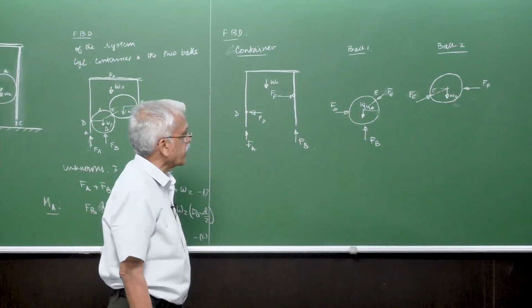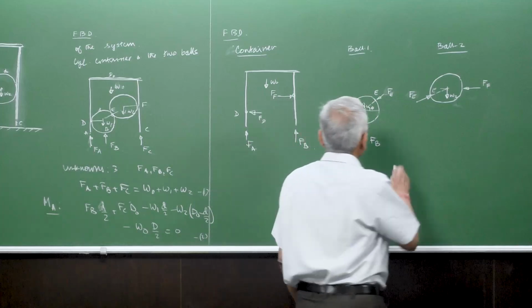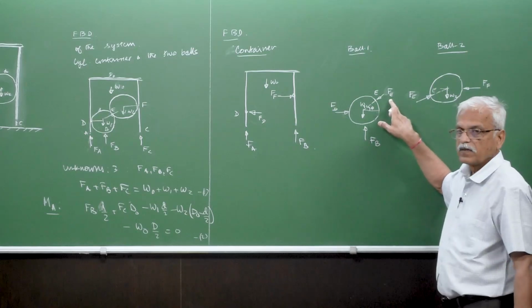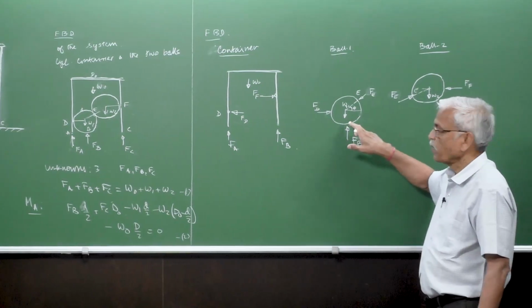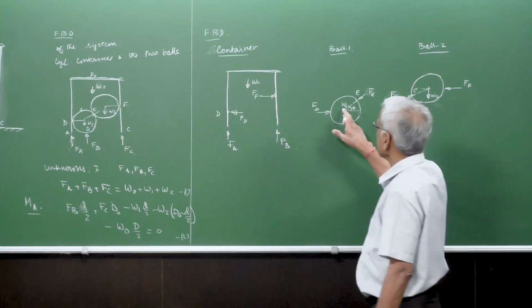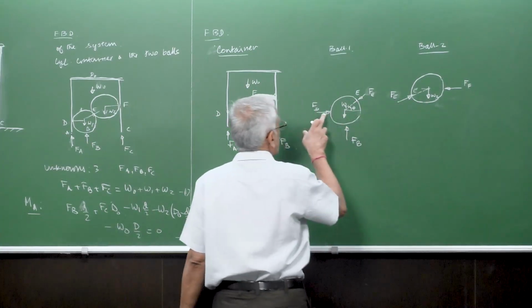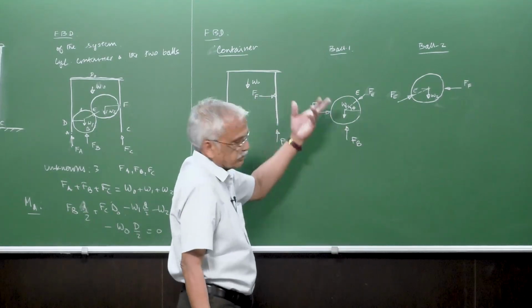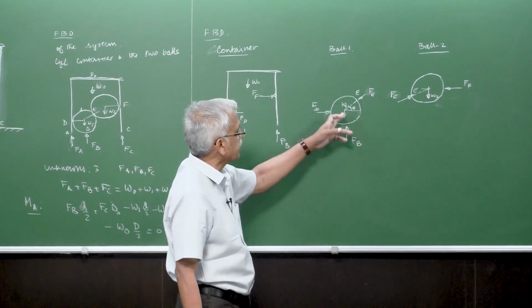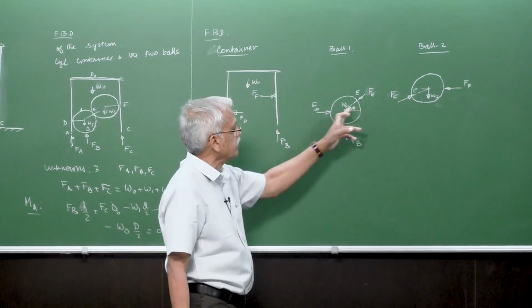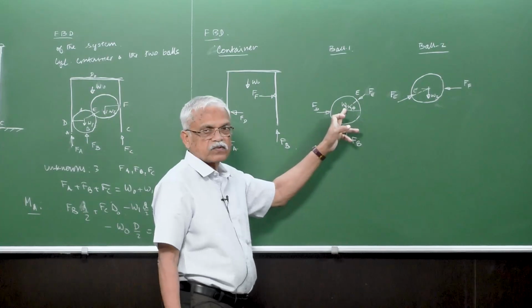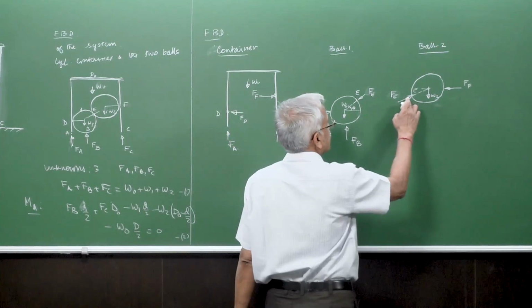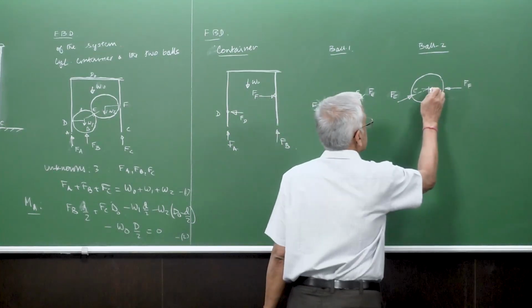Okay. So in fact, we have made use of some knowledge already, that there are 3 forces acting on this body. There's a W here, there's a F here. These two are concurrent, and you can make them into one force. So essentially there are 3 forces, and all of them should pass through the center. That's number 1. Similarly here, there are 3 forces which have to pass through the center.